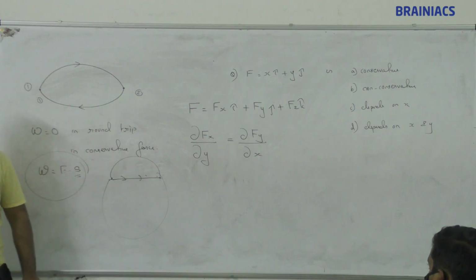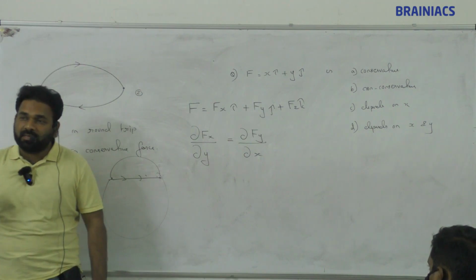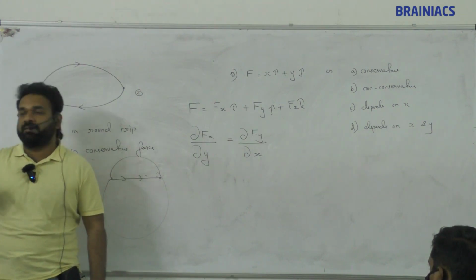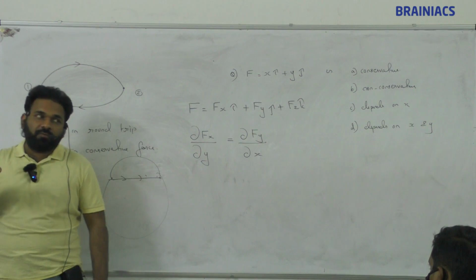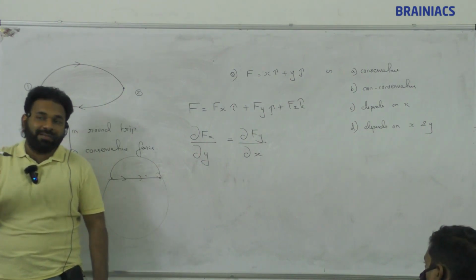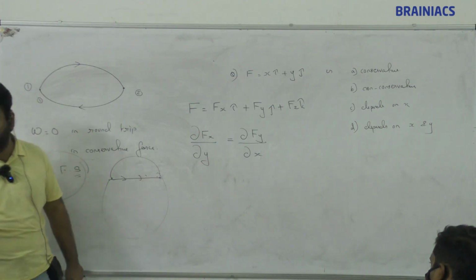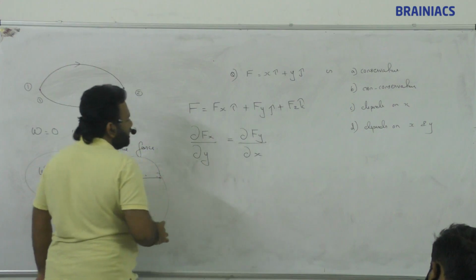Partial differentiation. When we are differentiating with respect to x, y and z must be considered as constants. So when you differentiate y, that will become 0. It will not be 2y dy by dx. It is not like that. Clear or what? Understood? One condition is this.